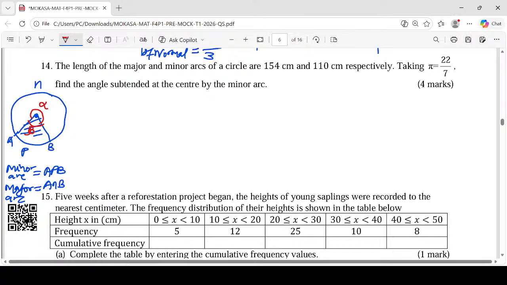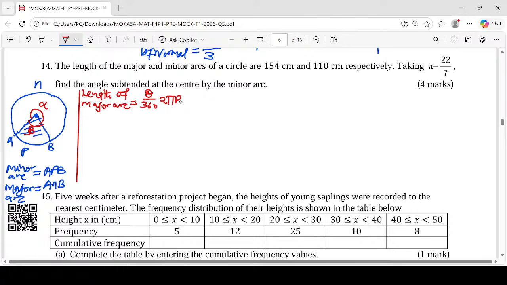So let us now get the length of the major arc. This is given by theta over 360 times 2 pi r.